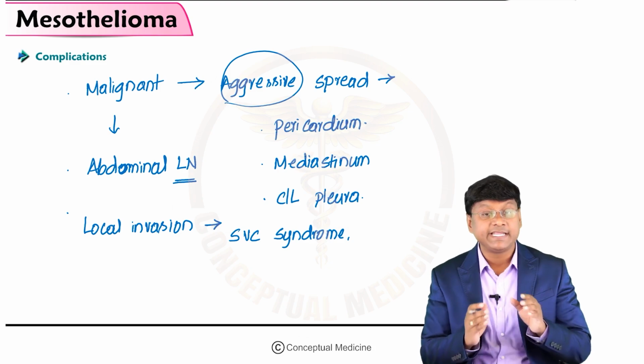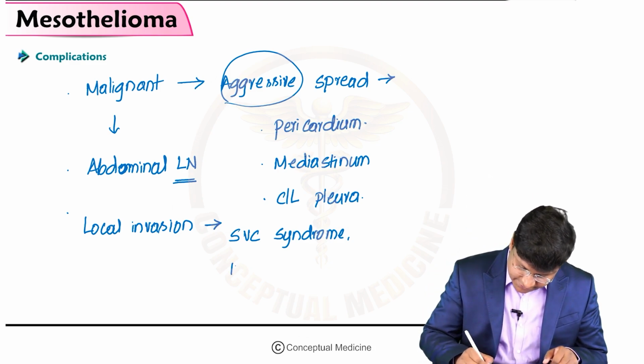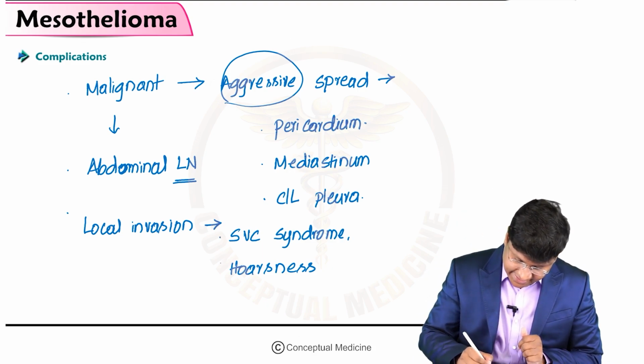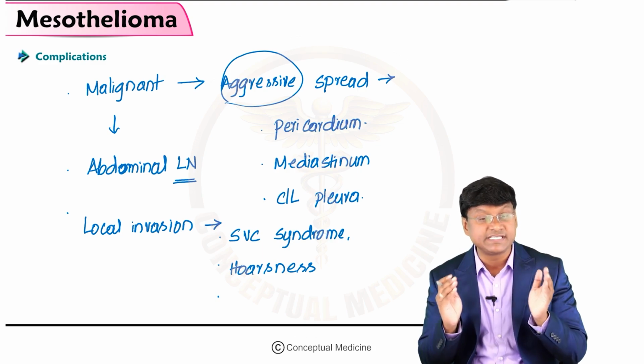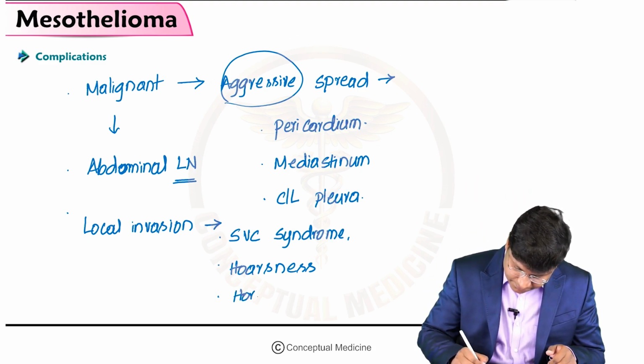Next, it can spread to the recurrent laryngeal nerve, causing hoarseness of voice. And it can spread to the sympathetic chain, causing Horner syndrome.